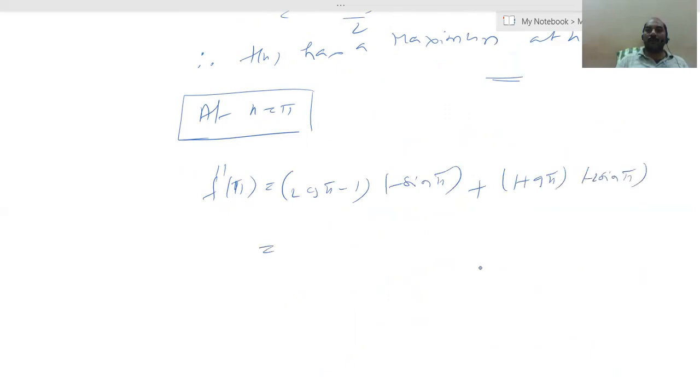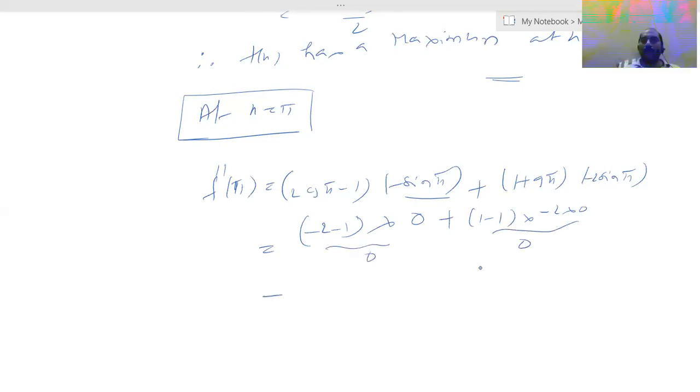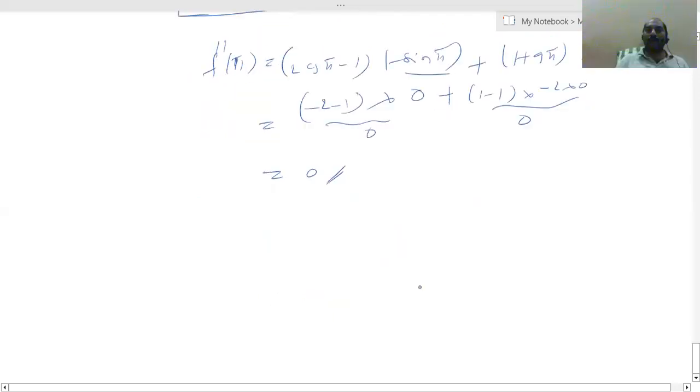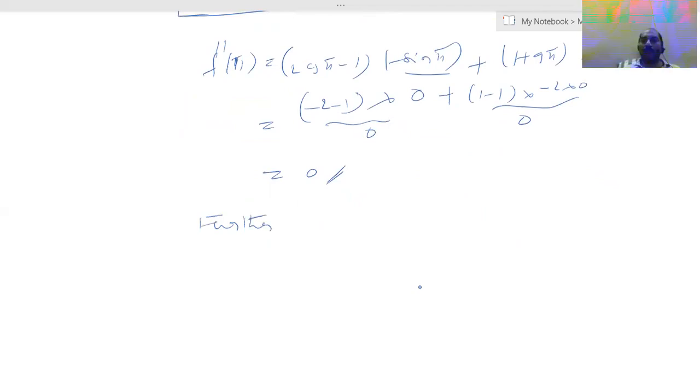Sin pi value is 0. 0 into anything equal to 0. This is 2 minus 1 plus 1 minus 1 into minus 2 into 0. So this value is 0, this value is 0, the derivative is 0. So further investigation is required.